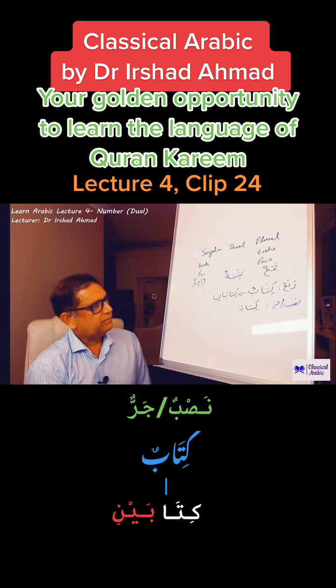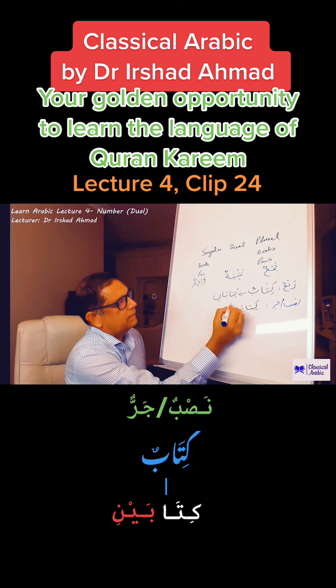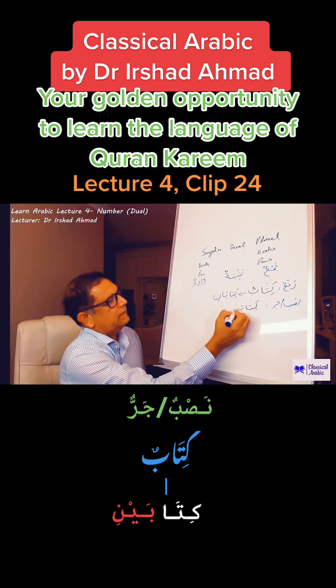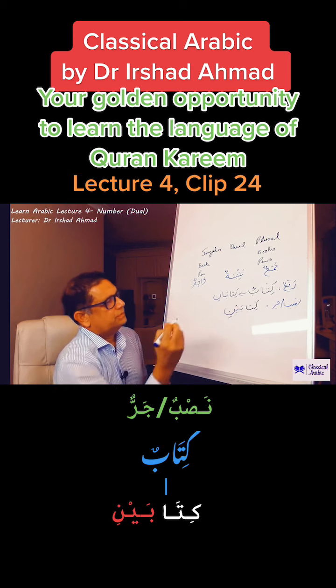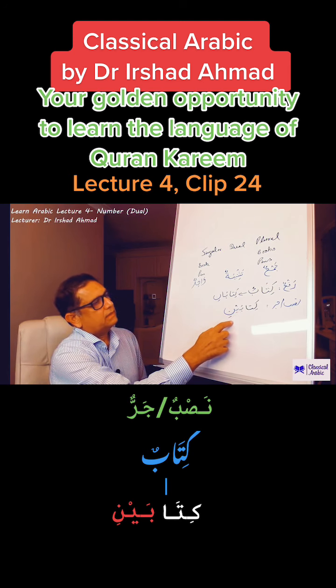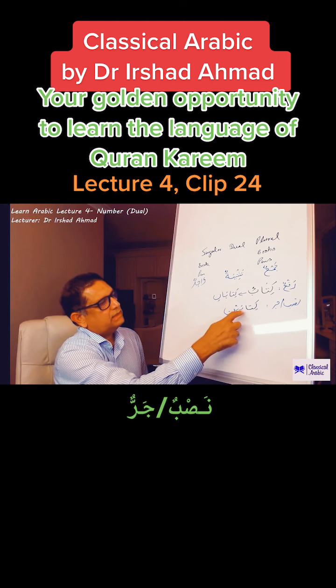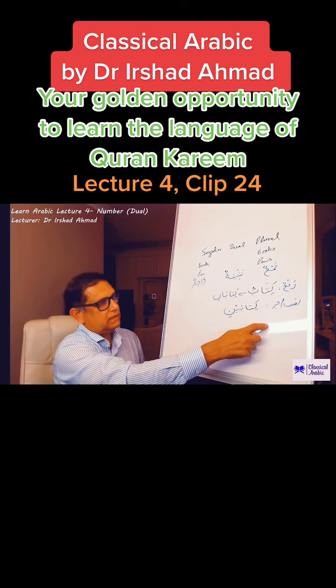But this time, we're not going to add alif, we're going to add ya and noon. Noon takes kasra and ya takes sukun. So it becomes kitabaini. Kitabani, kitabaini. And it's the same for both nasab and jar.